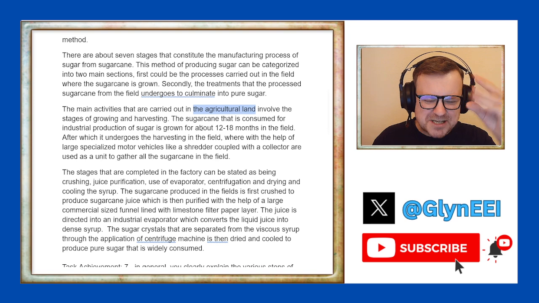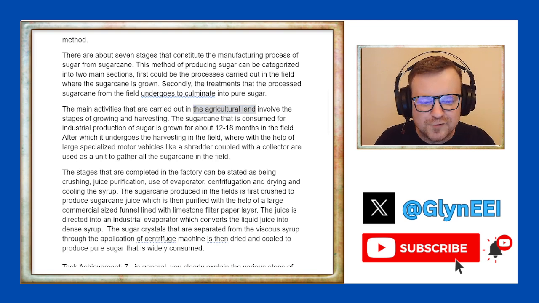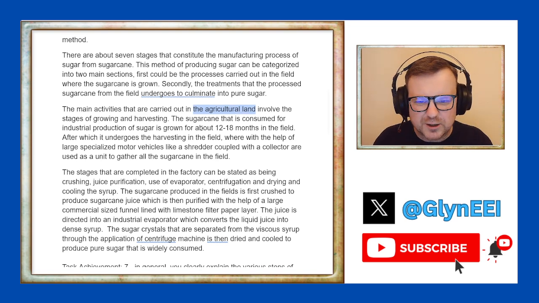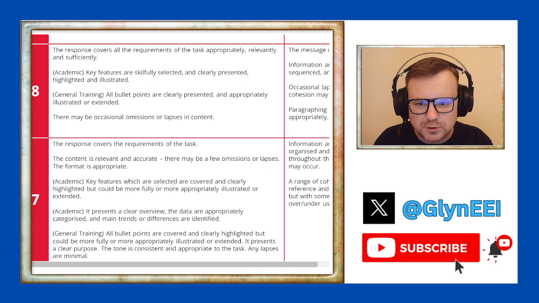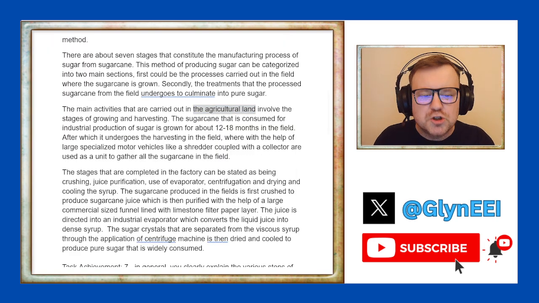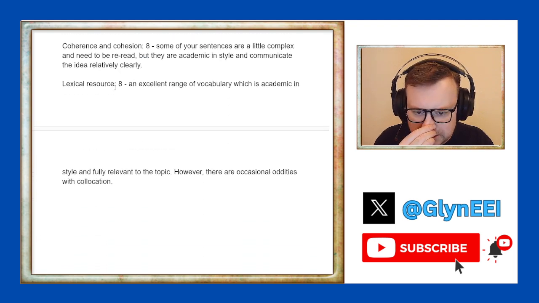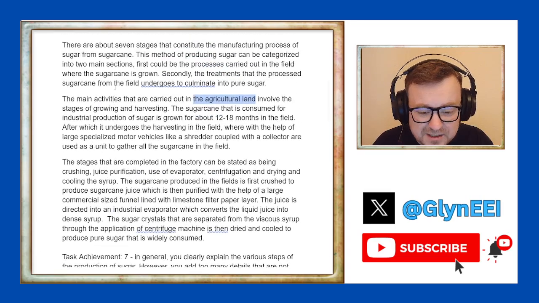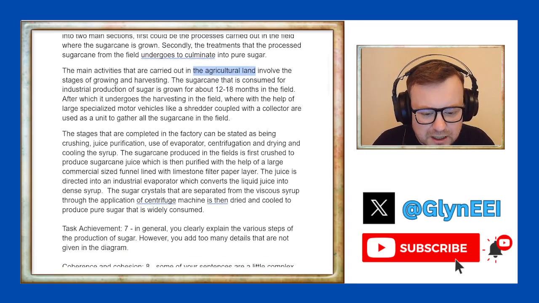To me, that stands out as just sounding a little bit off. So in this awareness of style and collocation, maybe it's just enough to pull your score down to an 8. But certainly a lot of excellent language in there.